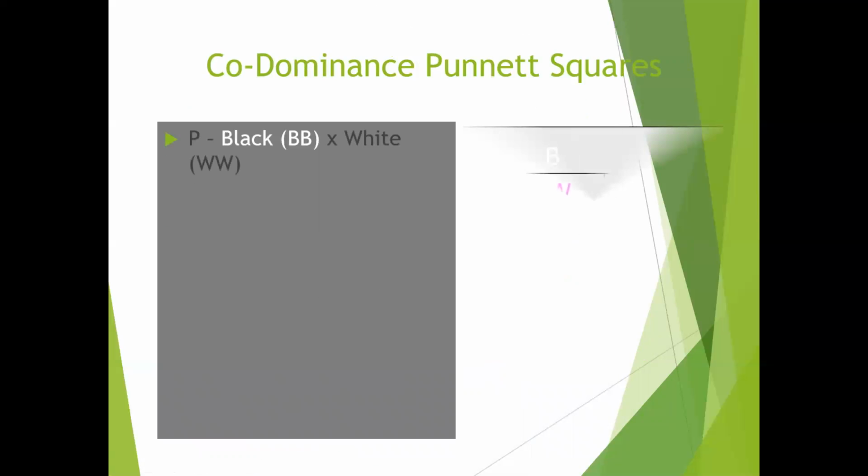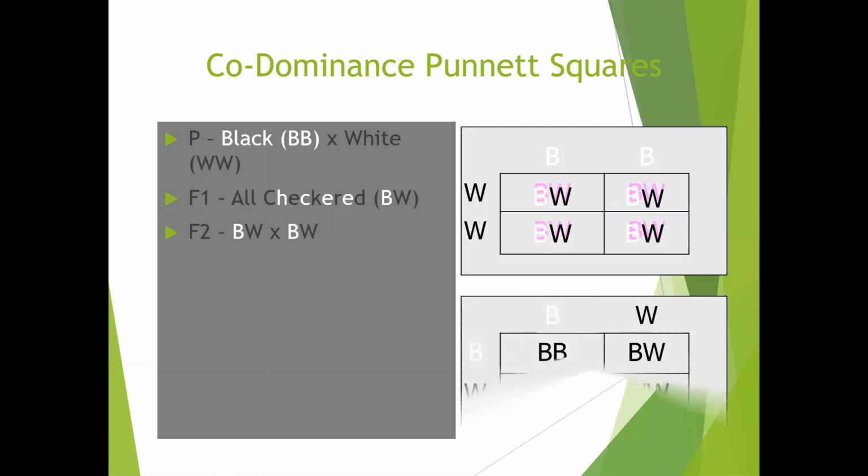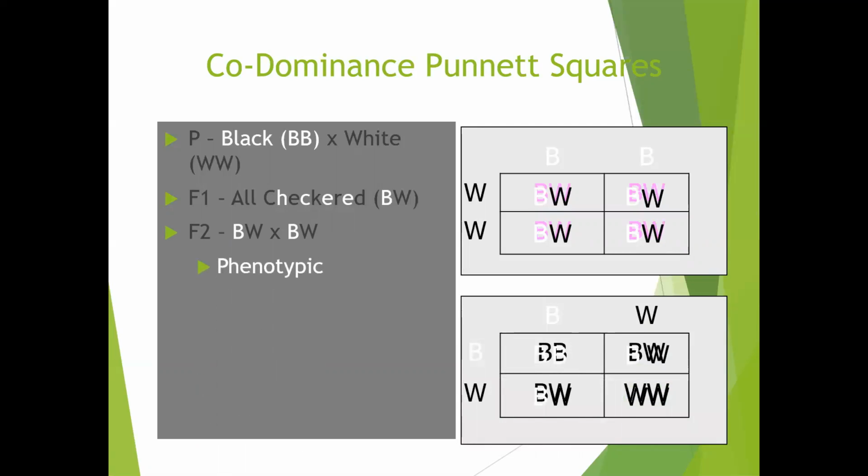So we're going to do a Punnett square again. Okay, so we're going to cross a black with a white. We end up with a black and white, all four of them. Now we're going to take the offspring and we are going to cross them, that first F1 generation. And again, our phenotypic ratio, we're going to have black, checkered, or white. We're going to have 1 black, 2 checkered, 1 white.